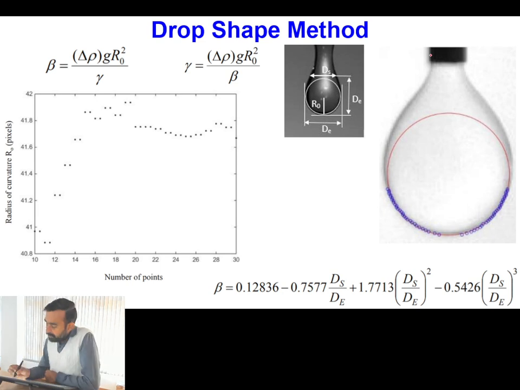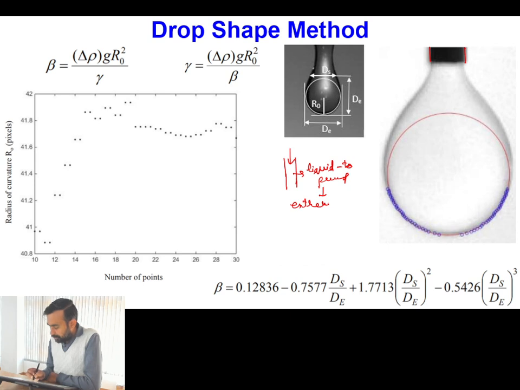Here you can see this is the cross section of a needle. If you take a needle and allow liquid to be pumped through it, you have to pump the liquid at extremely small flow rates, such that the inertia of the incoming liquid is negligible.